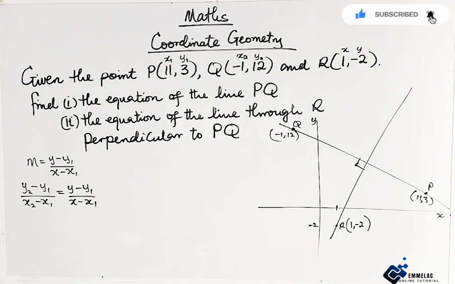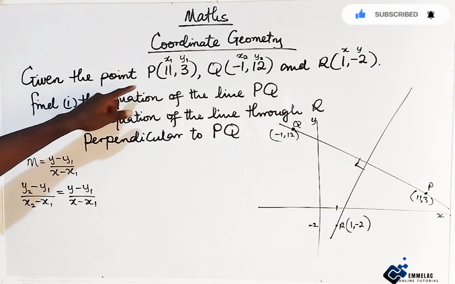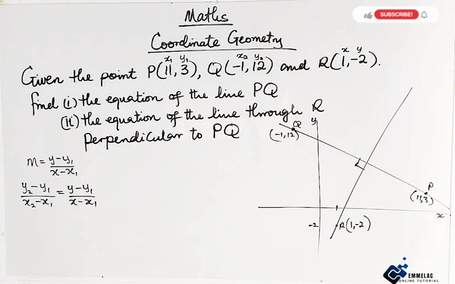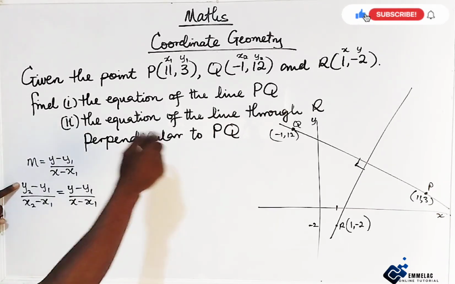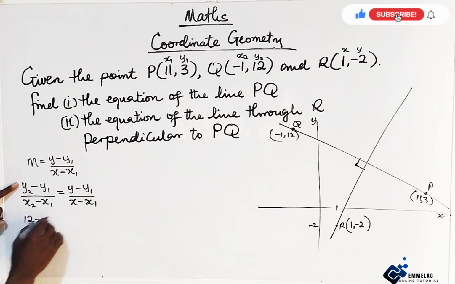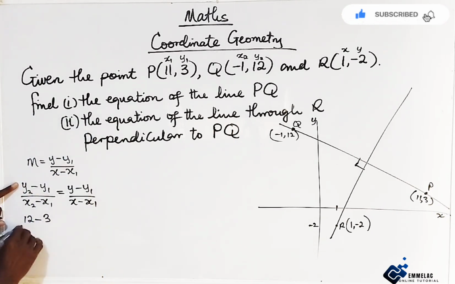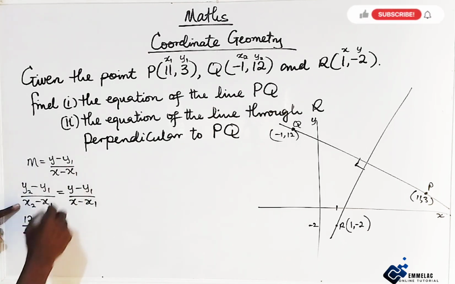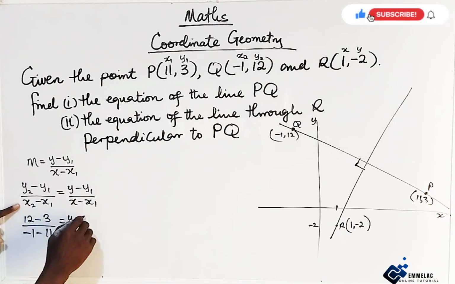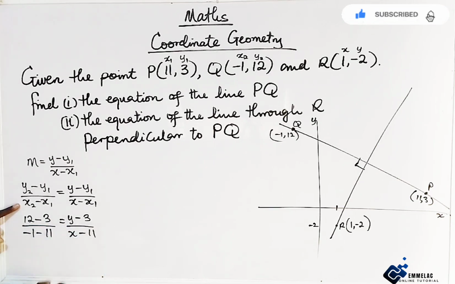Given the points, we start with our x1 and y1. So y2 is 12 minus y1, which is 3, all over x2 which is minus 1, minus x1 which is 11, then y minus 3 all over x minus 11 for y1 and x1.